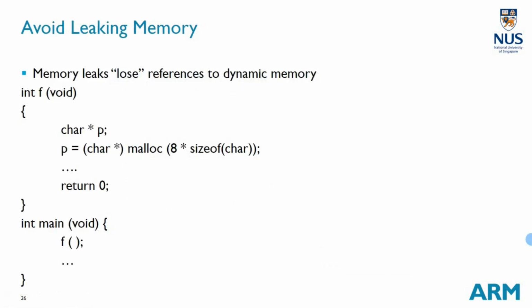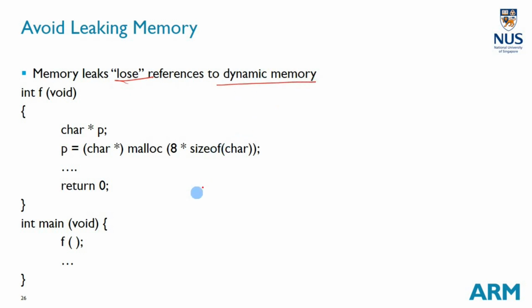Of course, as easy as it sounds, there are always cases where things can get quite messy if you do not use these techniques carefully and properly. The first thing we're looking at is memory leaks, which lose references to dynamic memory.